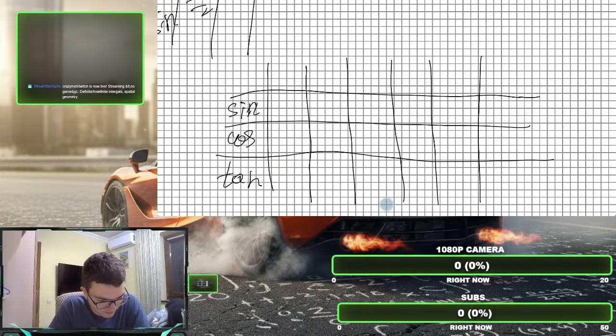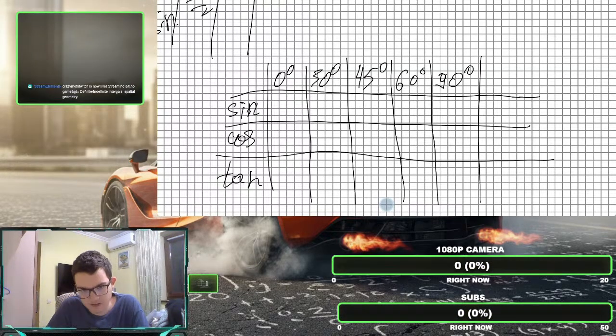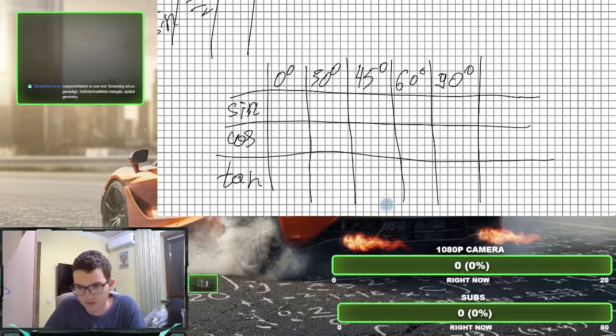Now you start with angles. So yeah, it starts with angles. You still have to remember that it's sine, cos, tan, and then 0, 30, 45, 60, and 90, which is not that hard to remember, honestly.